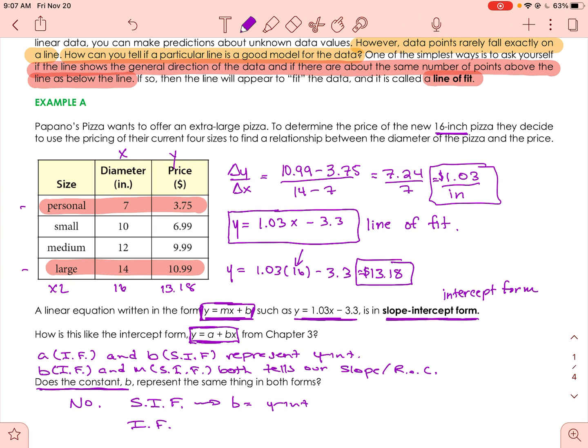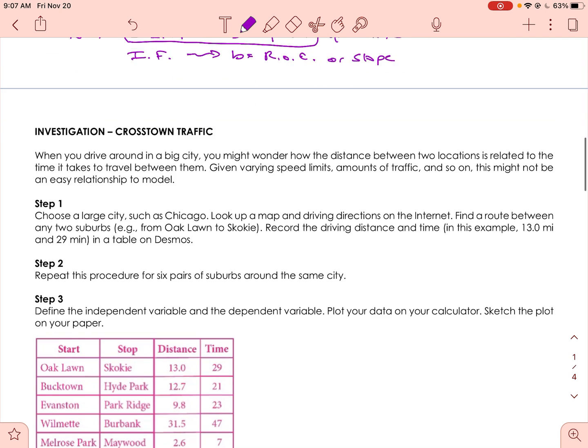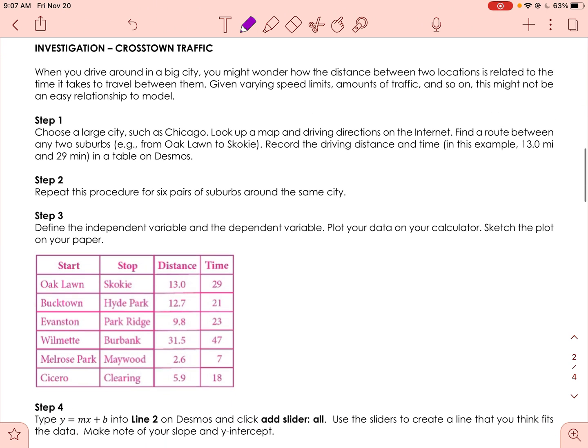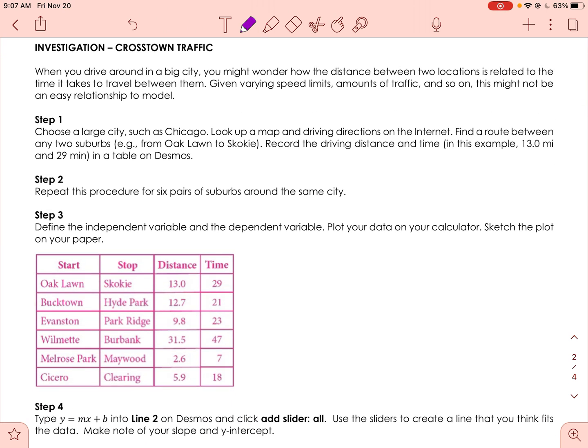In intercept form, b is equal to the rate of change, or slope. Starting today, we're going to refer to everything in slope-intercept form, y equals mx plus b, which I believe a lot of us have been familiar with in 8th grade. So let's take a look at this investigation.